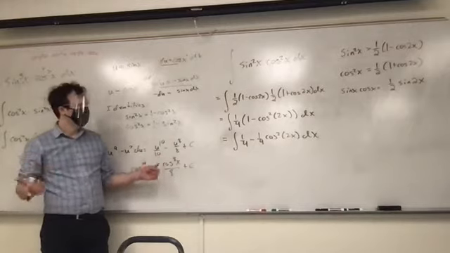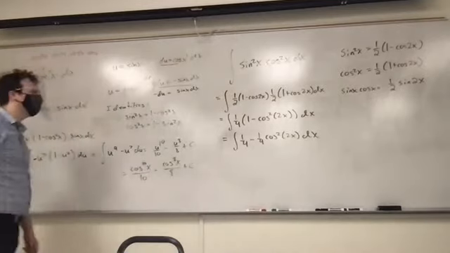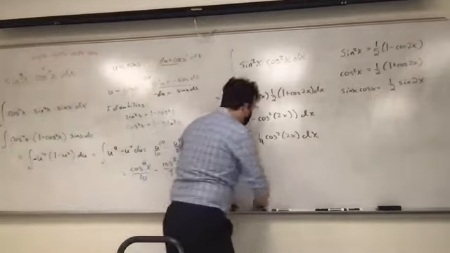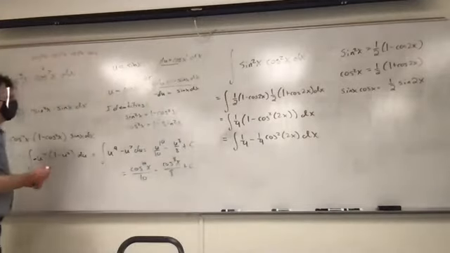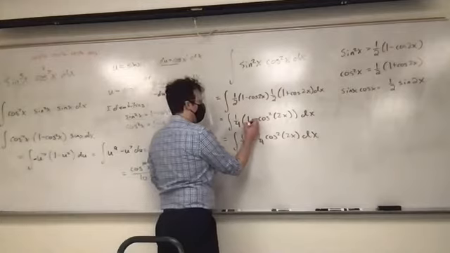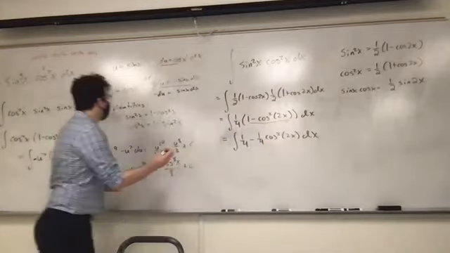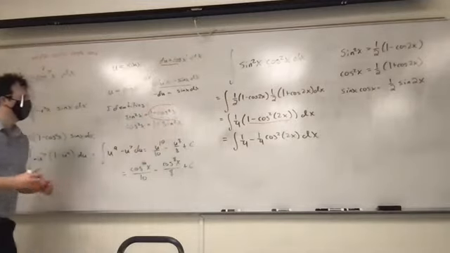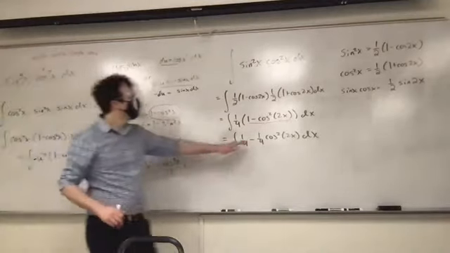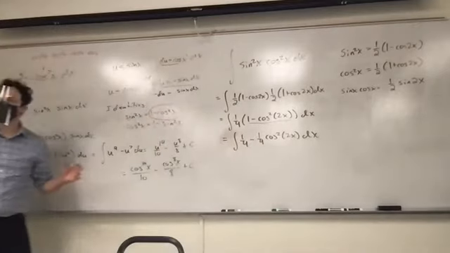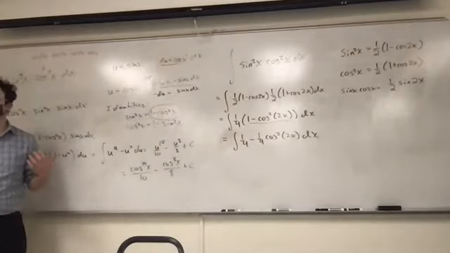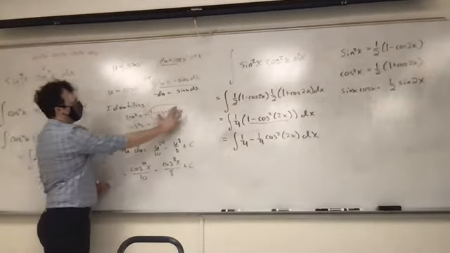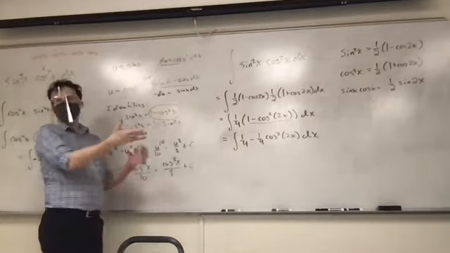And actually, in this problem, I think there are like 3 different ways you can go through this. So one thing you can do is, if you look at this part right here, 1 minus cosine 2x, the fact that it's 2x on the inside doesn't matter so much. Well, you have to know that it's there, but this really says sine squared of whatever you want is 1 minus cosine squared of whatever that thing was.